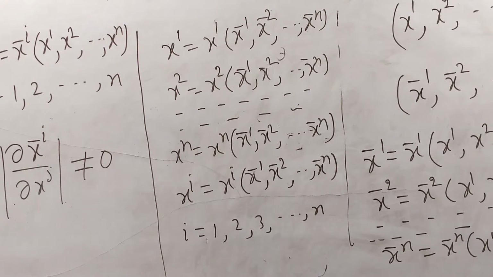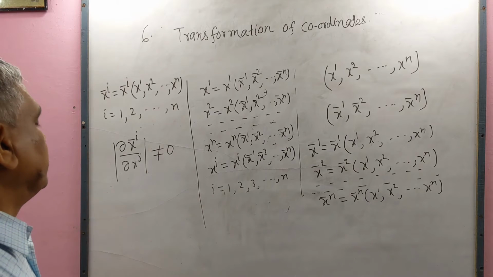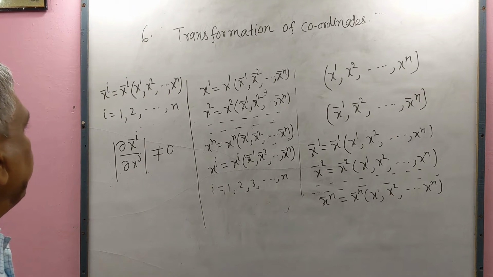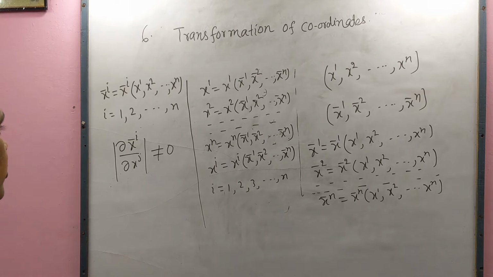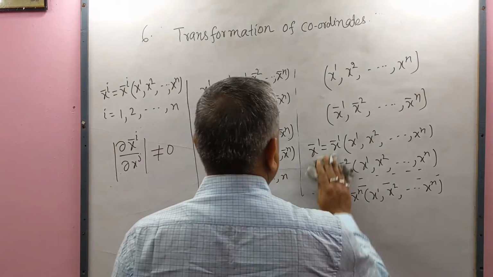So we may verify this, that the Jacobian is not equal to 0 and also the relation between the Cartesian system of coordinates and the polar system of coordinates is as follows.